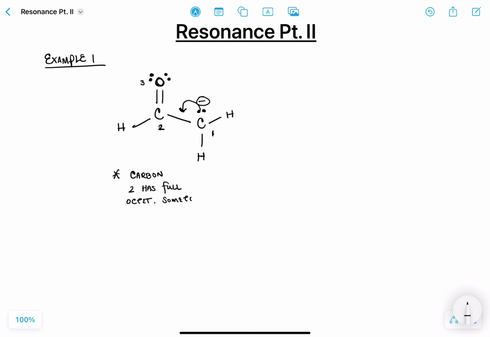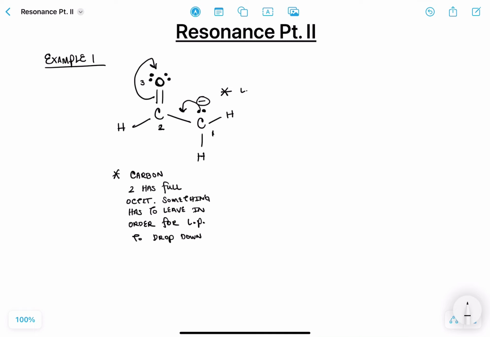Something has to leave in order for that lone pair to drop down in the form of a double bond. Now, what leaves is this double bond goes onto the oxygen in the form of a lone pair. So two things happen.